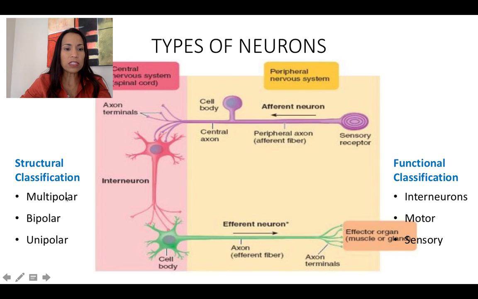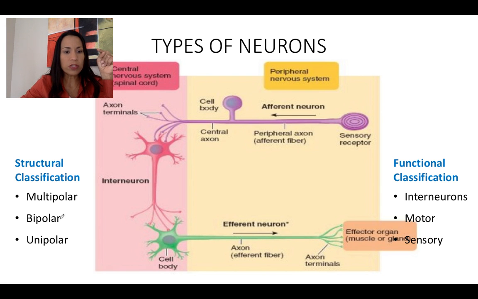So in the structural classification, we have the multipolar neuron, which has the body with several dendrites, as we described before, and one single axon. Okay, that's the typical multipolar neuron. These neurons are only located in the central nervous system. Okay, so this pink area is the central nervous system.